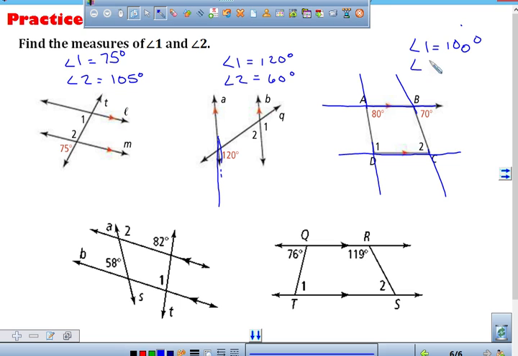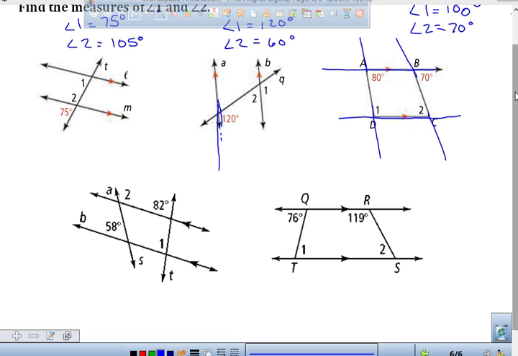Okay? Angle 2 with the 70 degree angle is what? Alternate interior, so that means what? Congruent or supplementary? Congruent. Alternate interior are congruent, so then angle 2 has to be 70 degrees.